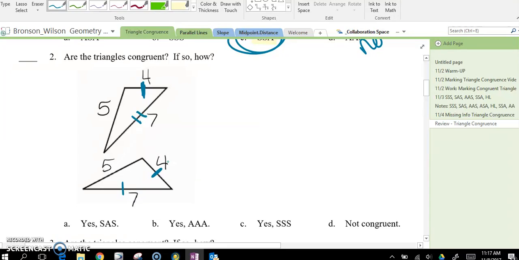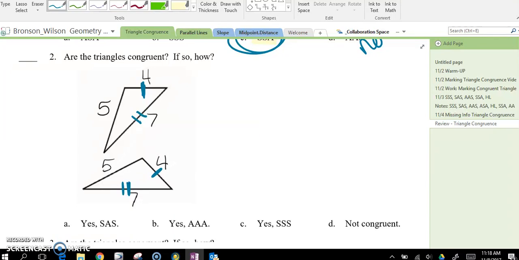It's not the measure of the first congruent set of sides. So I have to do 2 tick marks to notate that I have another set or a second set of congruent sides. And what is the measure of my second set of congruent sides? Yes, very good. 7.